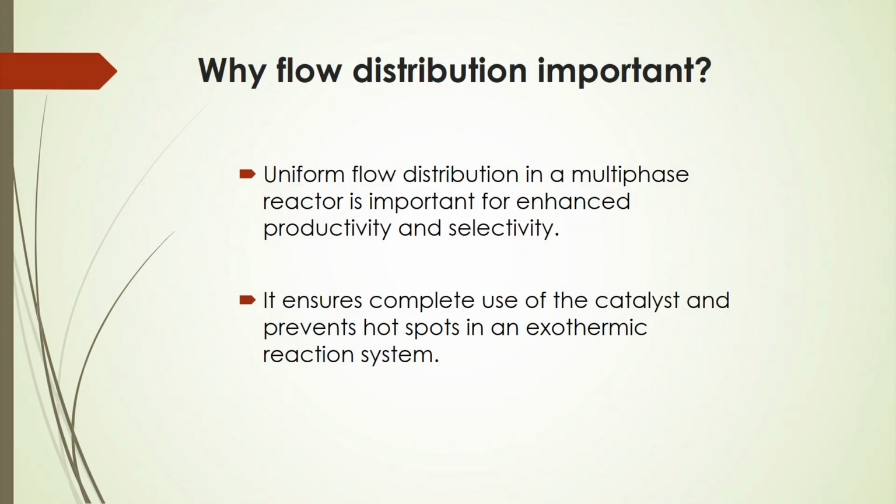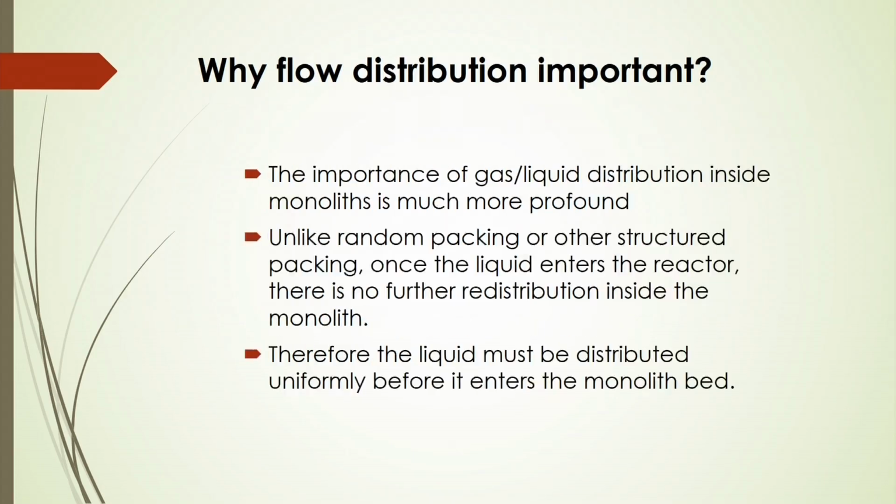So, that is why you have to know the flow distribution, whether the liquid is distributed properly or not, whether there is any stagnation of liquid in the channel or not. A stagnant region may sometimes hinder the performance of the reaction, and may also reduce the intensity of mixing inside the reactor, for which mass transfer will be reduced.